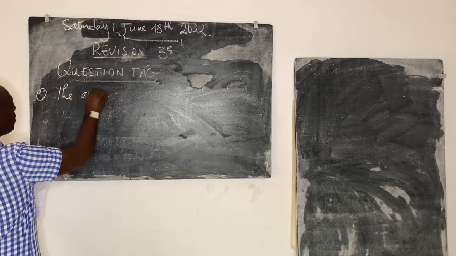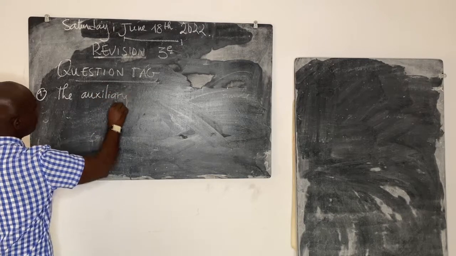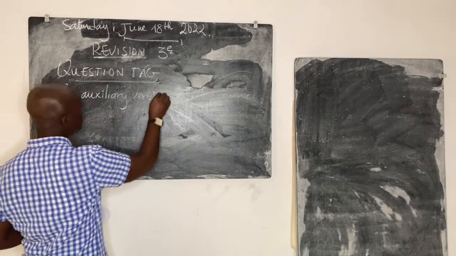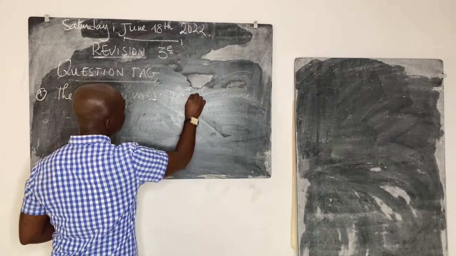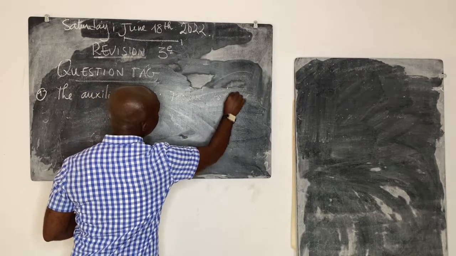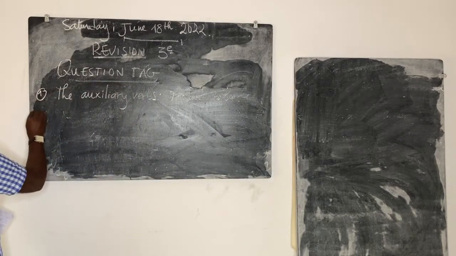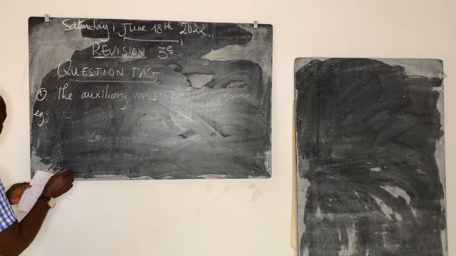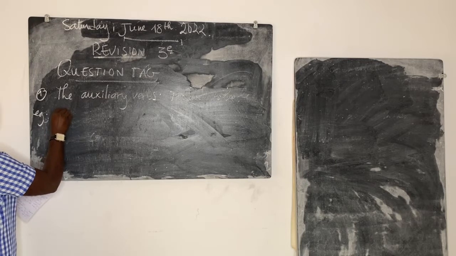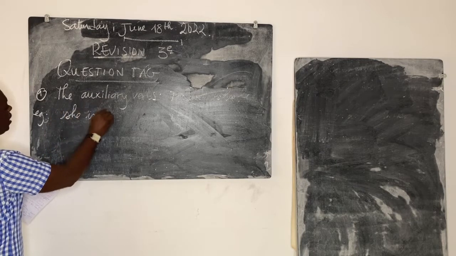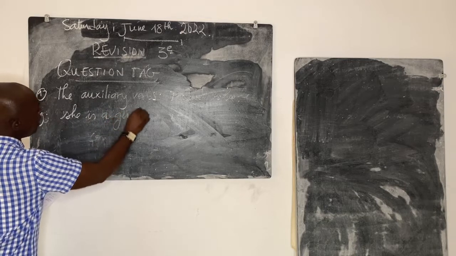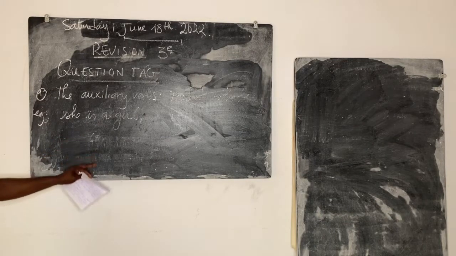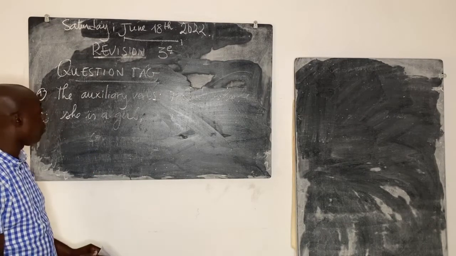First, the auxiliary verbs. The auxiliary verbs we're going to use are to have and to be. Example, when I say she is a girl, the sentence here is affirmative form.